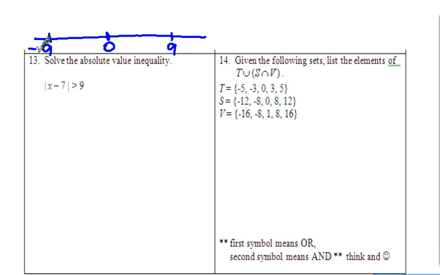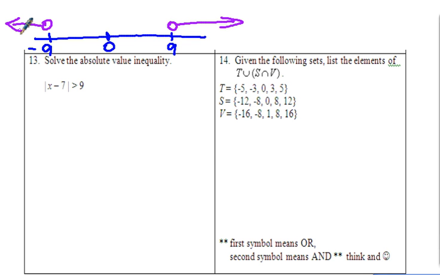That's 9 and negative 9. Because it says greater than, we cannot include the 9, but we will be looking for values that will give us answers further away from 0 than the numbers 9 and minus 9.